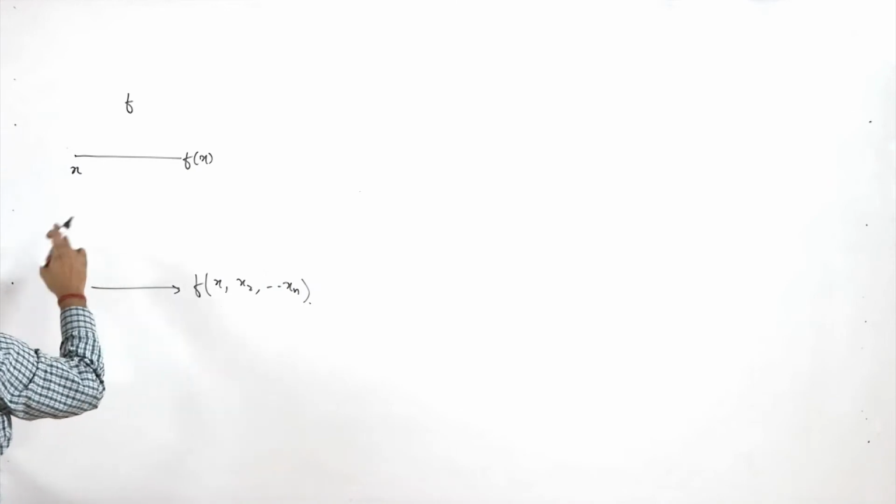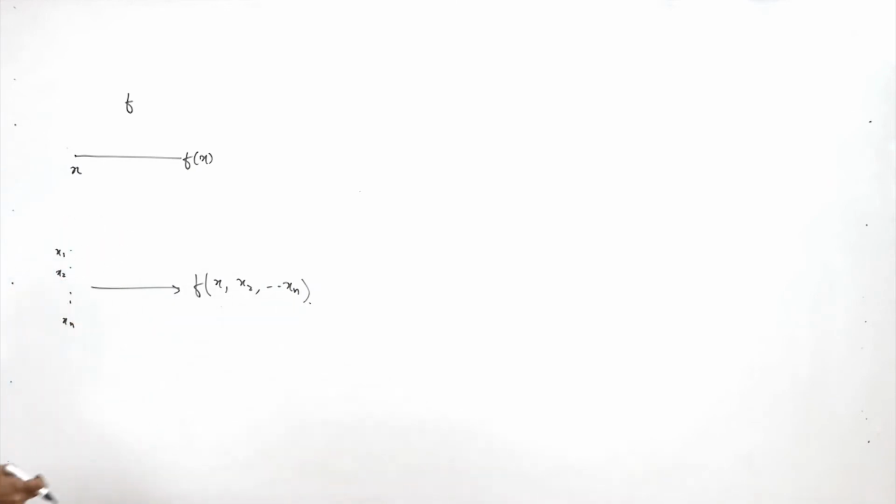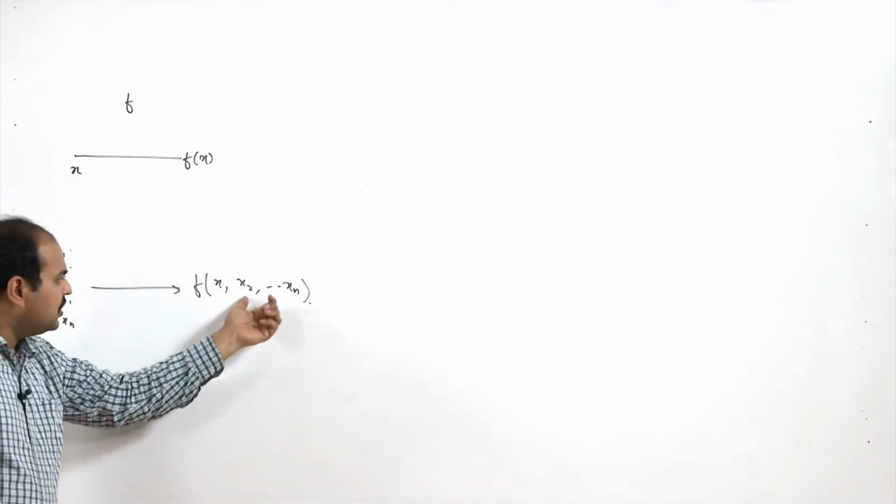So if we talk about a function of several independent variables, we can say that it is a correspondence which relates the given values of x1 to xn to a definite value f of x1 to xn.